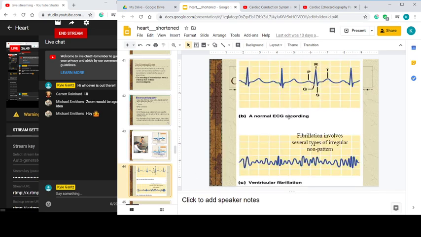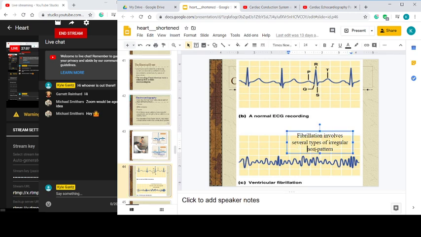So in a normal EKG, we're going to see the atrial blip, atrial relaxation, ventricular repolarization. We see the P, Q, R, S, T. Fibrillation involves several types of irregular non-patterns.